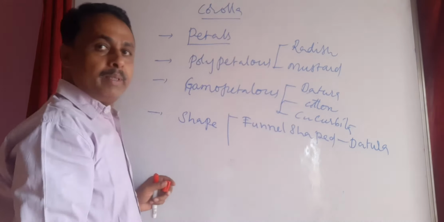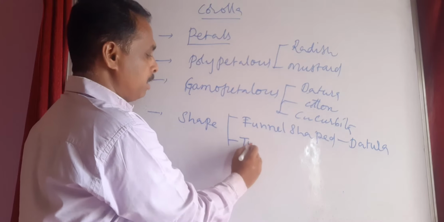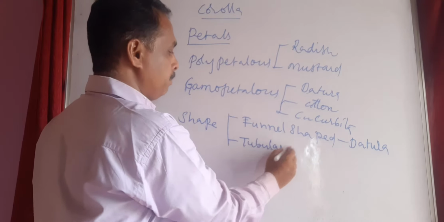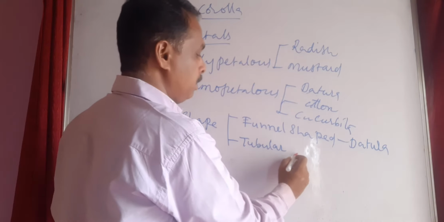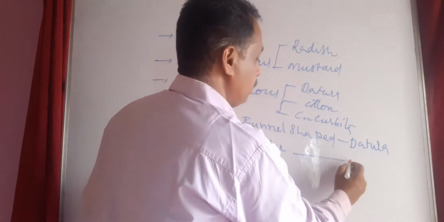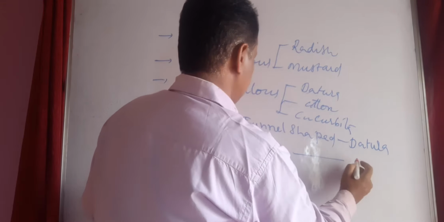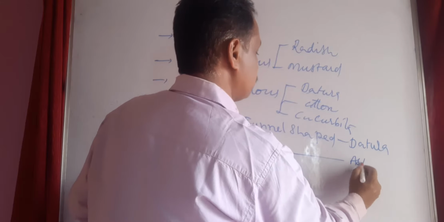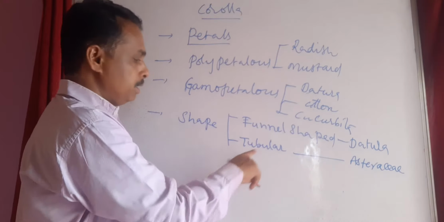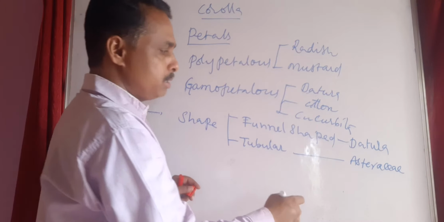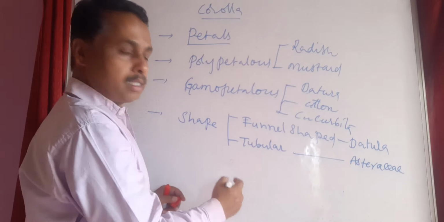The other one is tubular. Tubular petals can be seen in Asteraceae members, that is sunflower and the like. We have seen tubular petals in Tridax procumbens and sunflower.